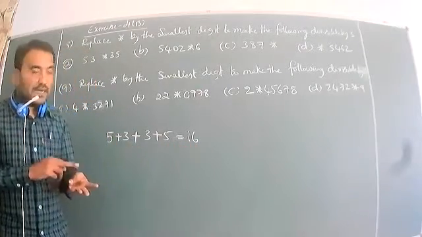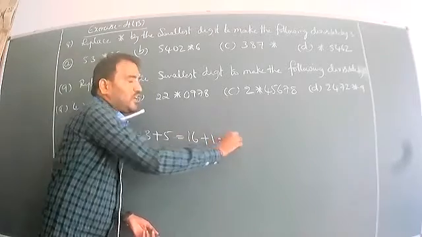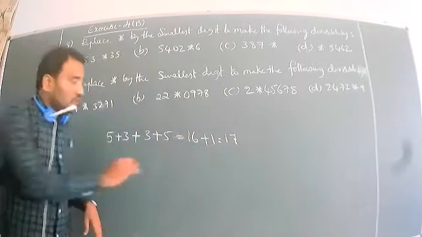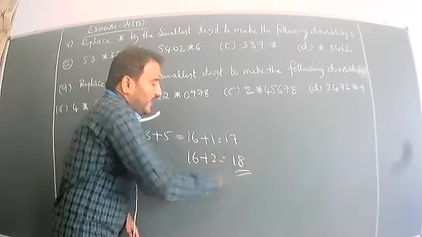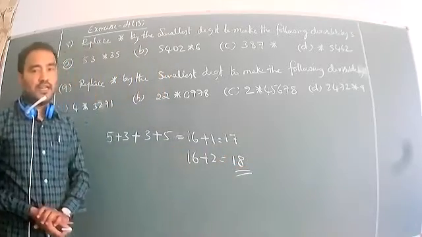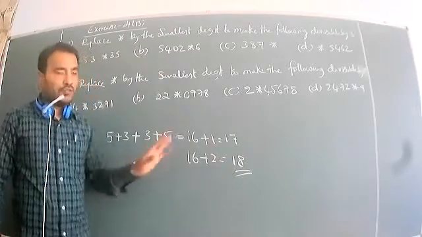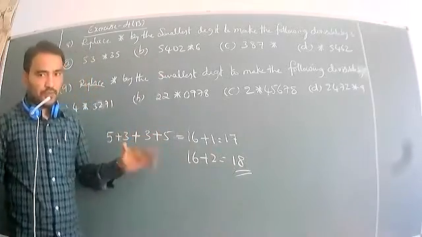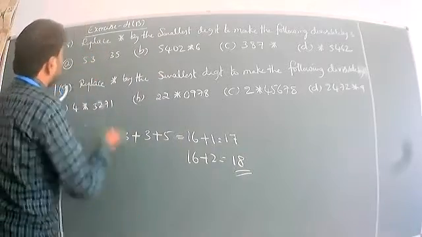If we add 1, we get 17, which is not a multiple of 3. Now I should add 2, and we get 18. 18 is a multiple of 3, so 18 is divisible by 3. So we should write 2 in that star.